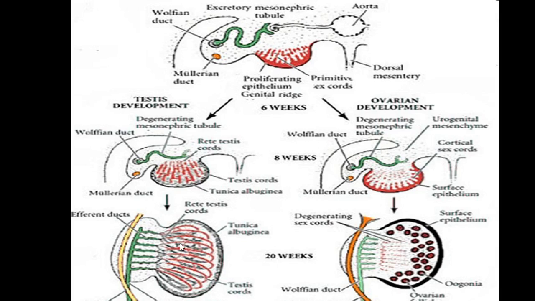Posteriorly, the cords anastomose with each other, forming the rete testis, and this rete testis communicates with the Wolffian duct by the efferent ductules. Here you can see the efferent ductules.